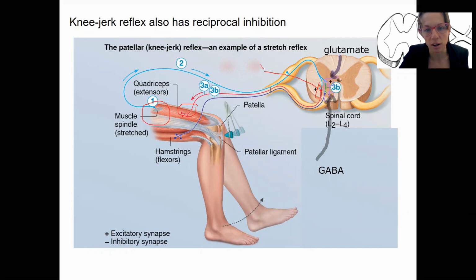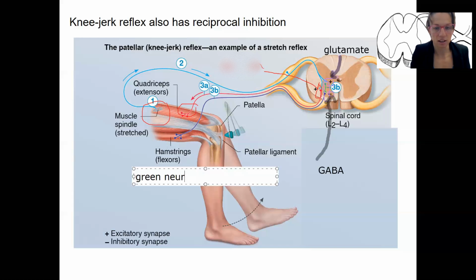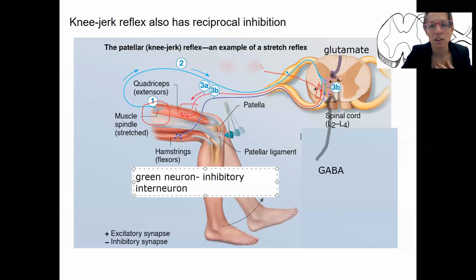So the blue neuron here, this blue alpha motor neuron, is turned off. You can't actually cause a muscle to relax other than by inhibiting its contraction. So the green neuron is an inhibitory interneuron. The more it's stimulated, the more it turns the hamstrings off and prevents them from flexing the leg.